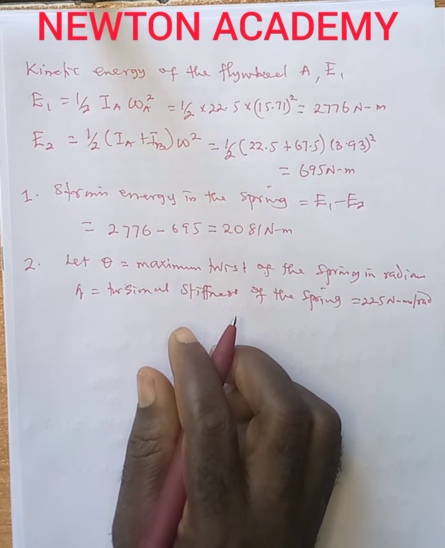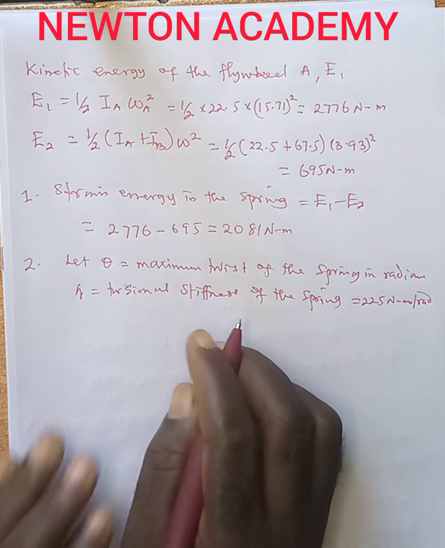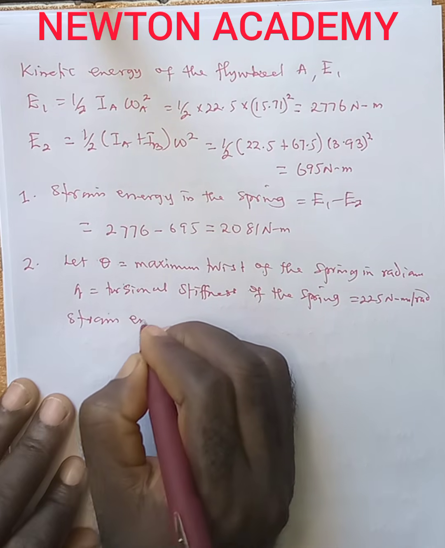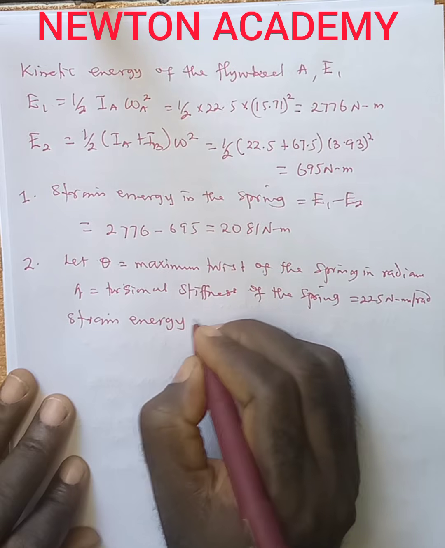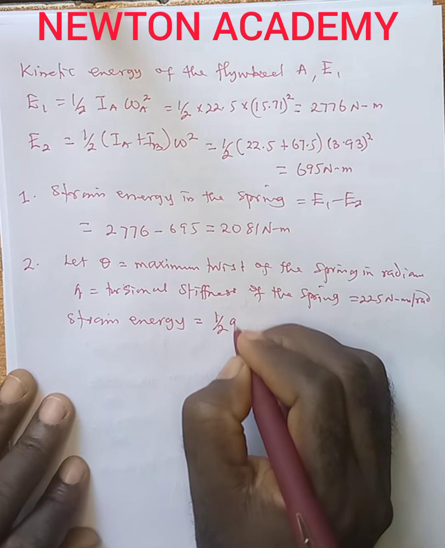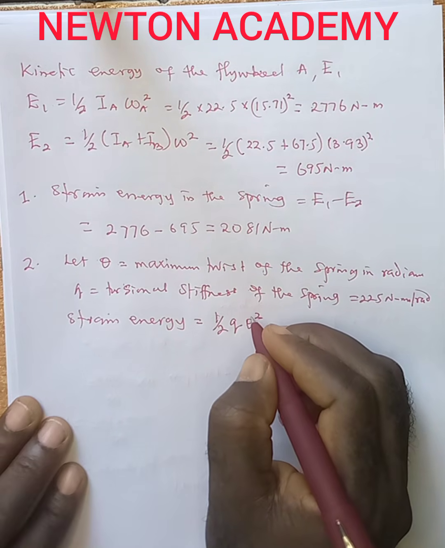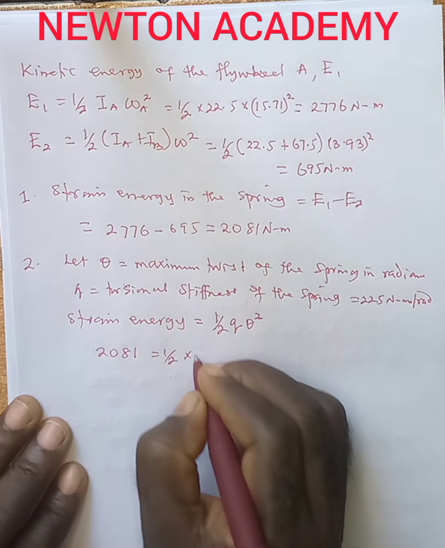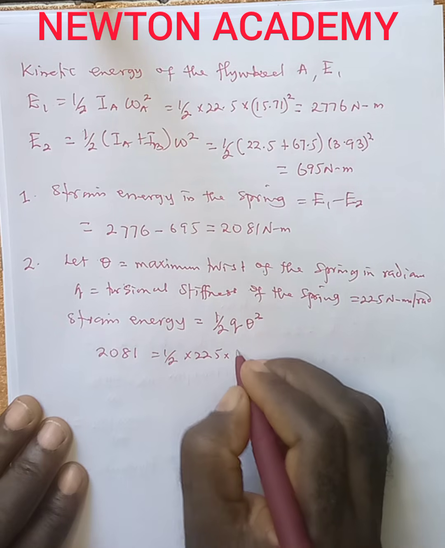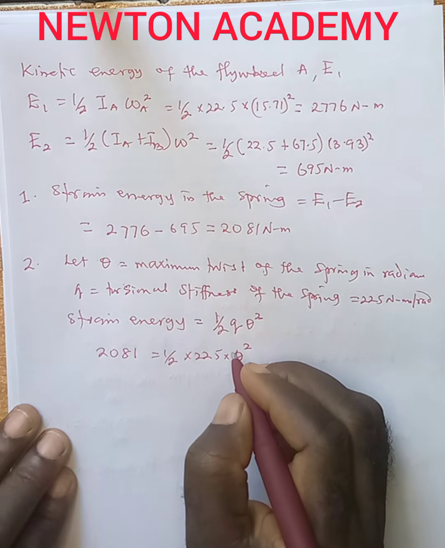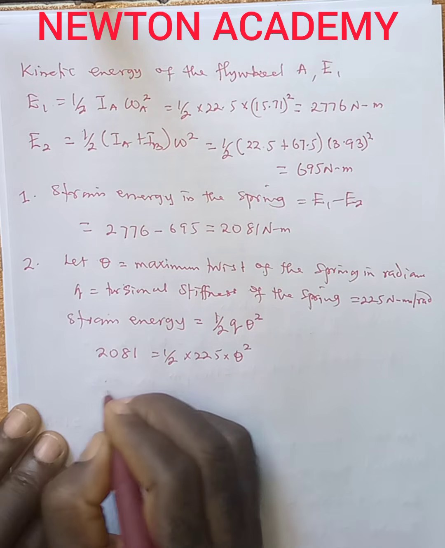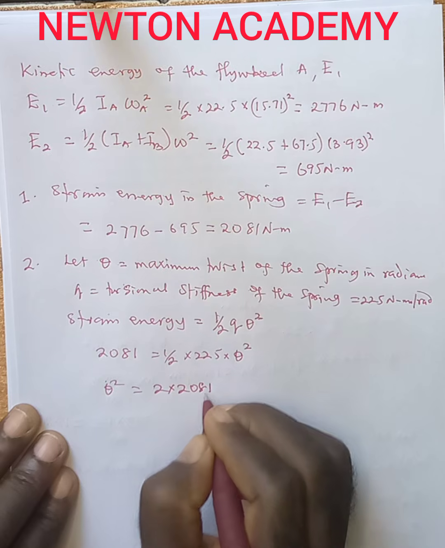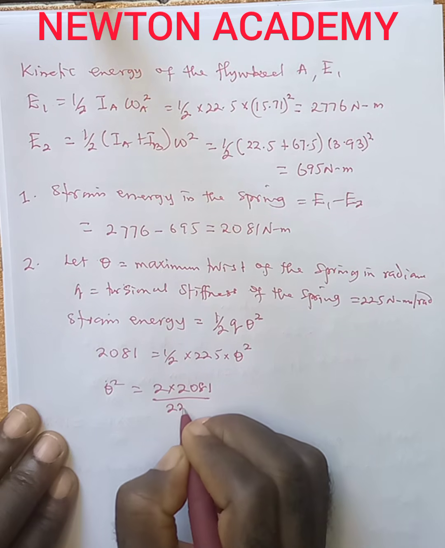Then from here, we know that the strain energy is equal to a half K theta square. And the strain energy, we have calculated it to be 2081, which is equal to a half multiplied by 225 multiplied by theta square. So when we evaluate this, we have theta square is equal to 2 multiplied by 2081 divided by 225.